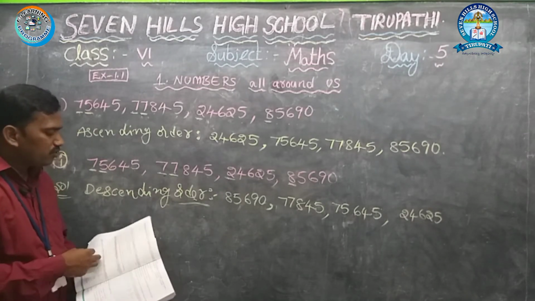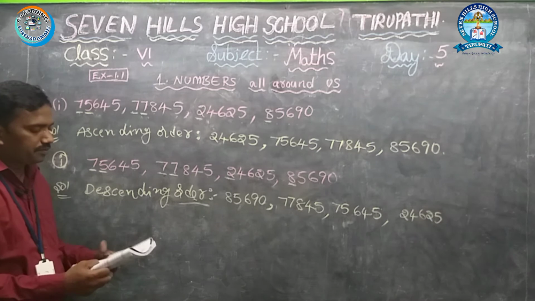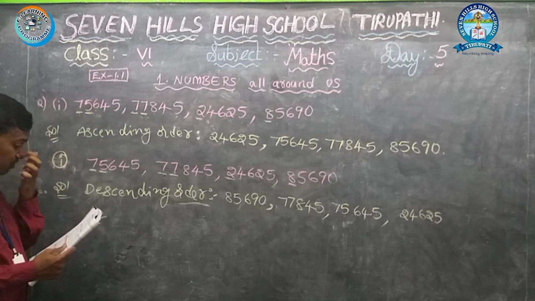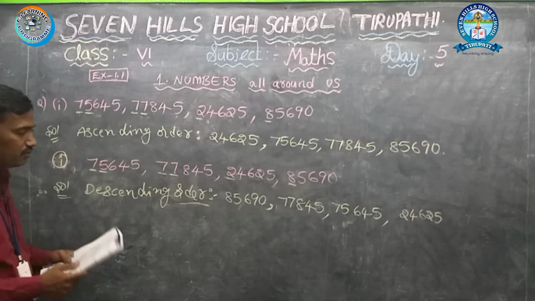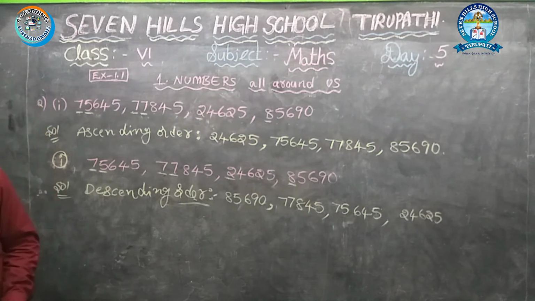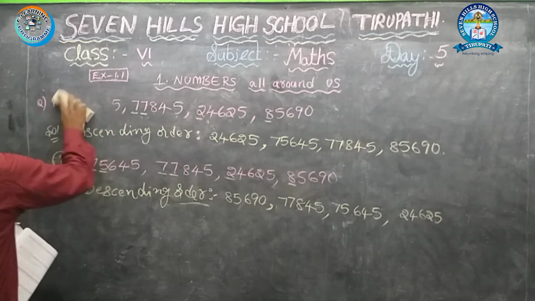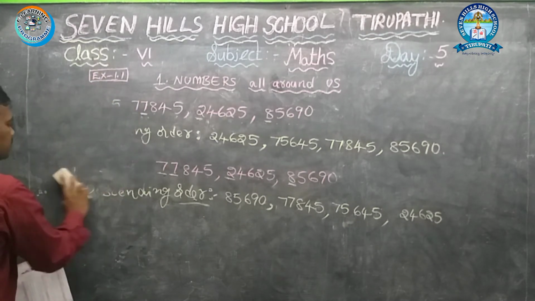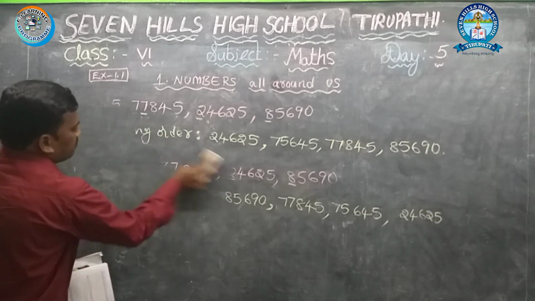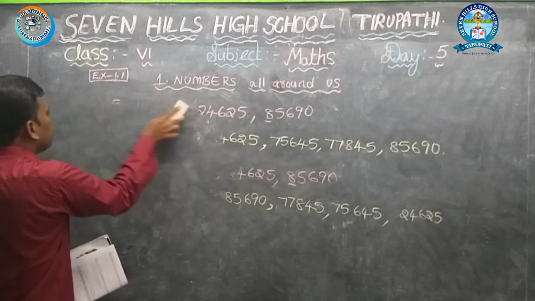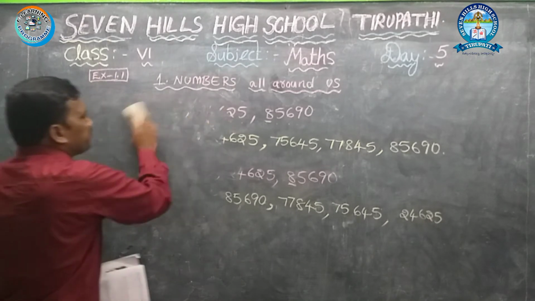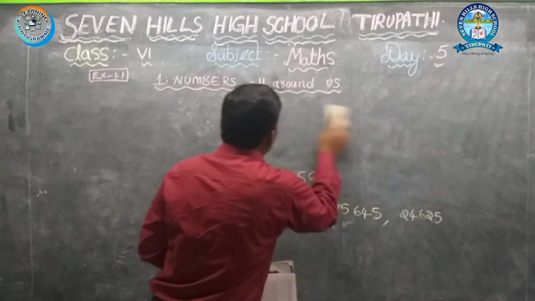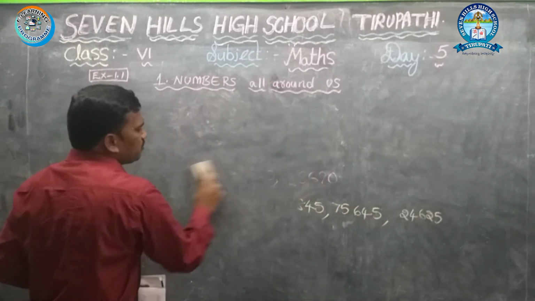Now I am moving to the third Roman numeral. In the third Roman numeral they are asking, write the numbers in words. We know the place value table, right?